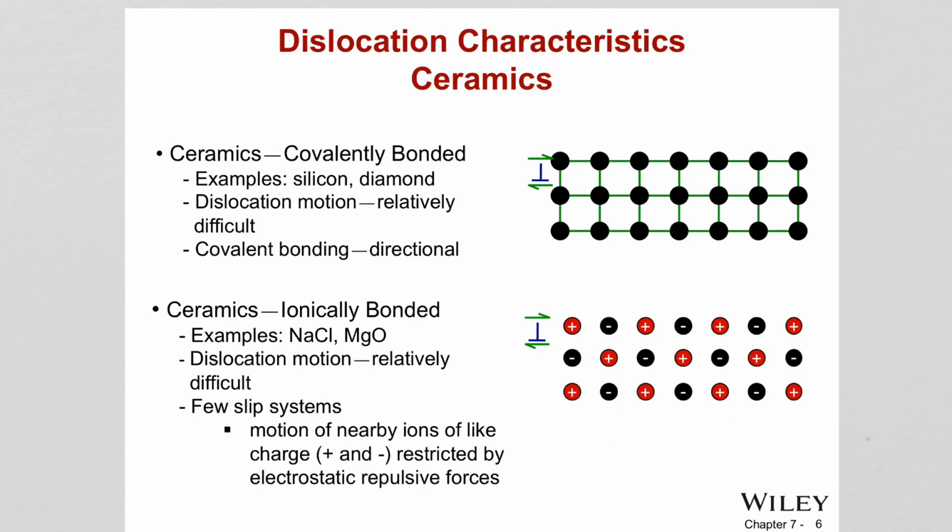So of course, besides covalent, there are ionic bonds in ceramics, and examples such as sodium chloride and magnesium oxide are ceramics that are ionically bonded. And dislocation motion in these systems is also difficult, because again these are strong bonds.